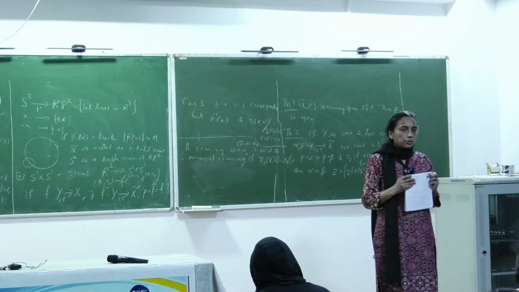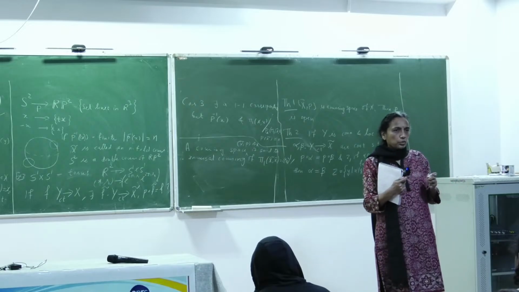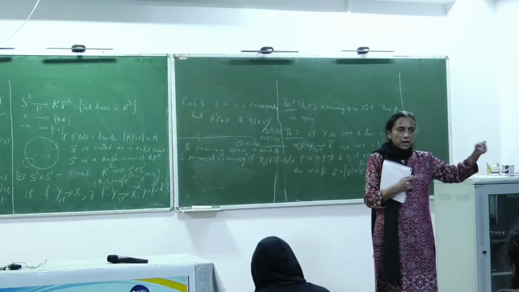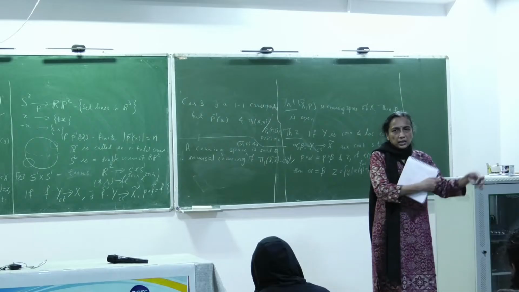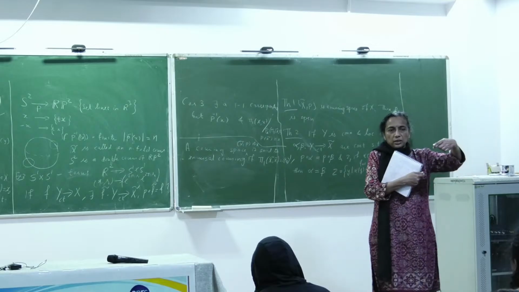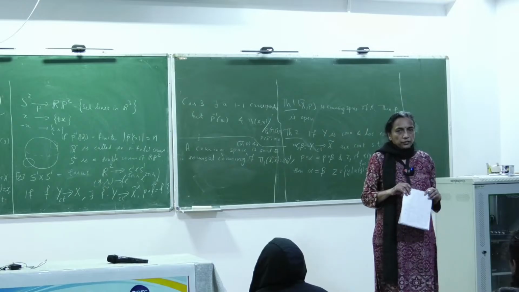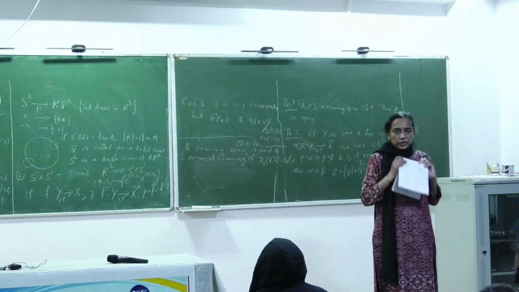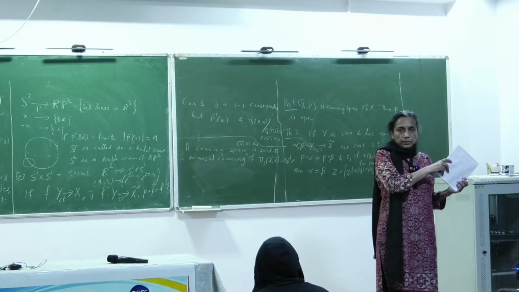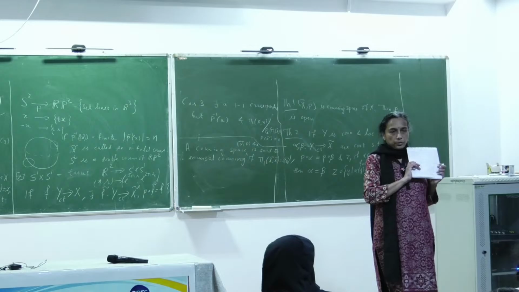So given any subgroup, can I do that? And suppose I have two subgroups H1 and H2, can I find X1 tilde and X2 tilde such that I have also a map from X1 tilde to X2 tilde? Its images are going to be H1 and H2, but if H1 is a subset of H2, I have another covering map there. So under some mild condition, you can do that. For every subgroup of the fundamental group, you can find a covering space whose fundamental group is isomorphic to that subgroup.